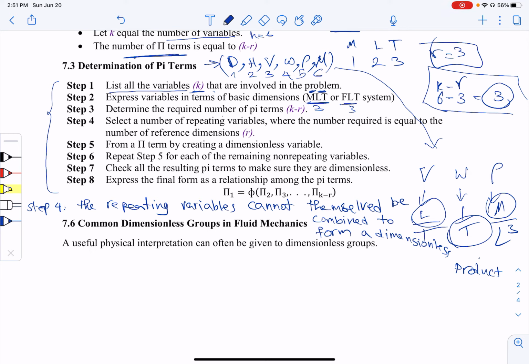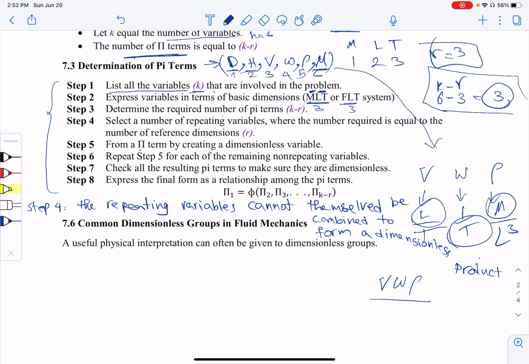And now when we consider our repeating variables, we need to form a pi term by creating dimensionless variables. After that, we need to repeat the previous step for the other non-repeating variables, right? For example, here, if I say that V, omega, and rho are my repeating variables, I need to do steps 1 to 5 for, let's say, D, H, and what else?